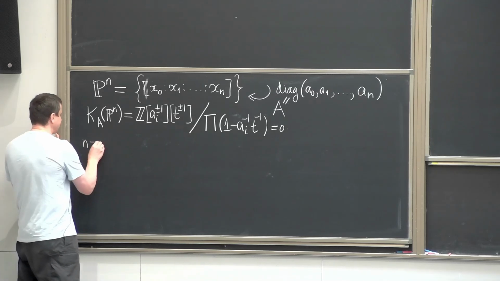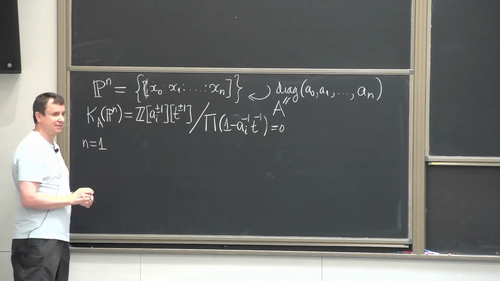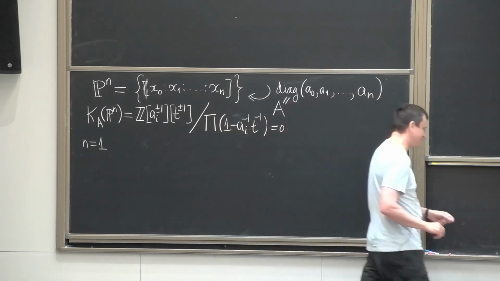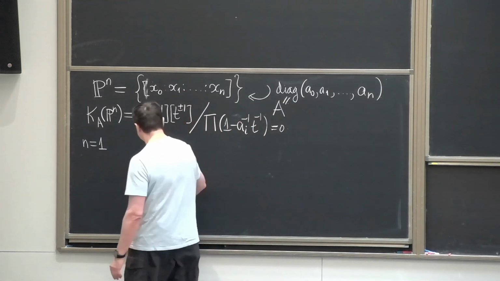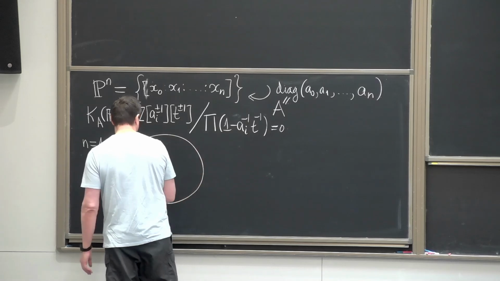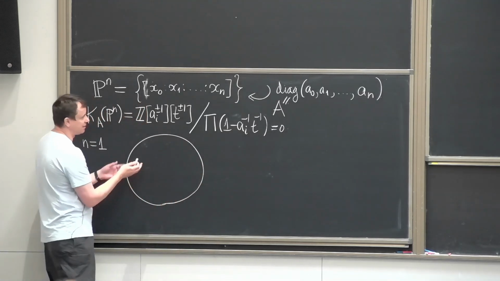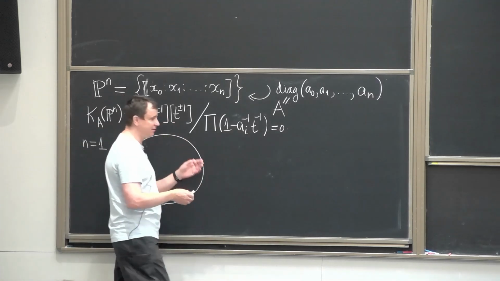So for instance, what is n equals 1? So n equals 1, that's a Riemann sphere. We usually use the coordinate maybe x1 over x0.